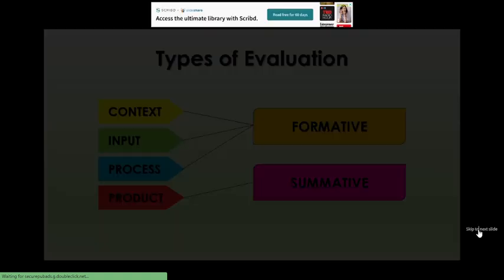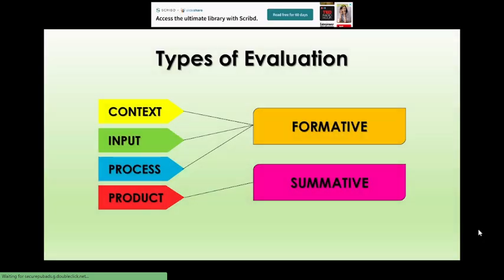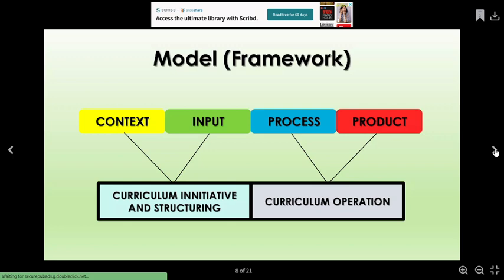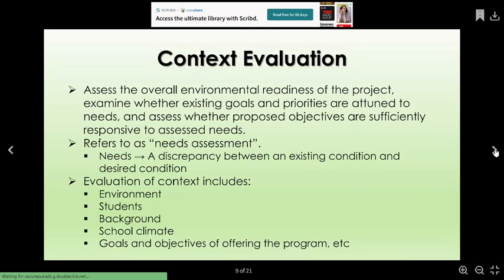CIPP means C for context, I for input, P for process, and the last P for product. Both formative and summative evaluations are done. Then, what is meant by context evaluation? In context evaluation, we assess the overall environmental readiness of the project.